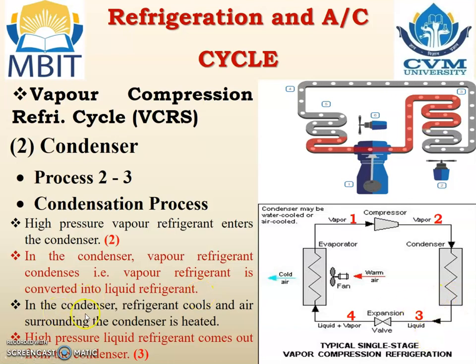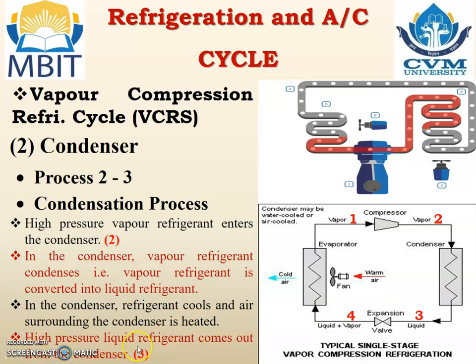In the condenser, the refrigerant cools and the air surrounding the condenser is heated. So in the condenser, whatever refrigerant passes through the tubes gets cooled or condensed. It is converted from vapor to liquid, and the air surrounding the condenser tubes is heated.